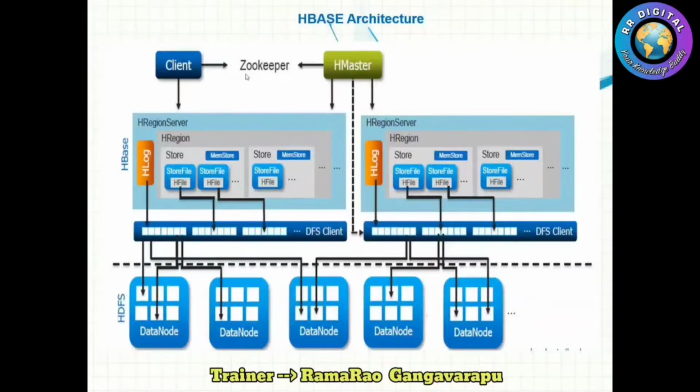So to connect with the HMaster, Zookeeper is basically a mediator between your client and the HMaster. Also, Zookeeper always tracks everything related to HMaster and H region. Okay, whether these both are active or not, these both are running or not. These kinds of monitoring activities Zookeeper generally takes care of.